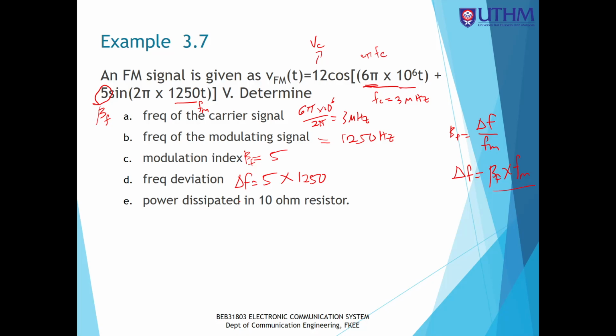So delta f is equal to 5 times 1250, and you get 6250 hertz. Okay, delta f.